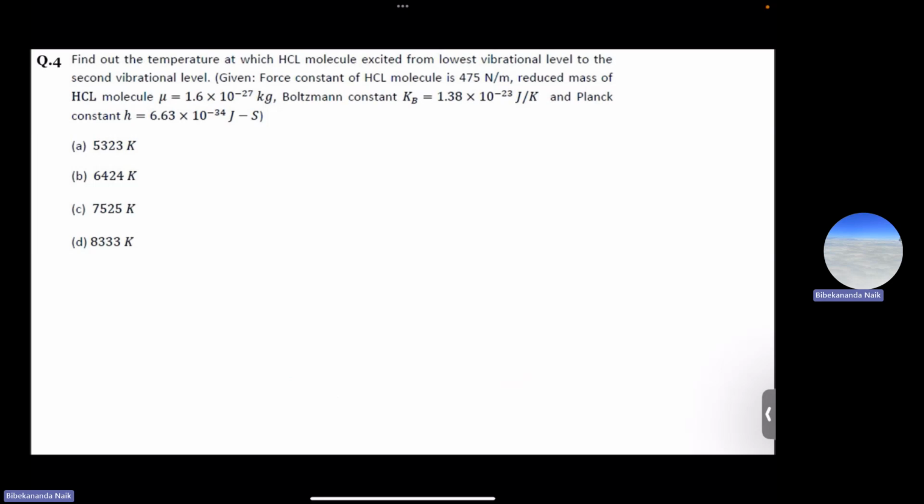Now, in difference to the previous question, an additional constant value is given, which is the Boltzmann constant, K equals 1.38 into 10 to the minus 23.